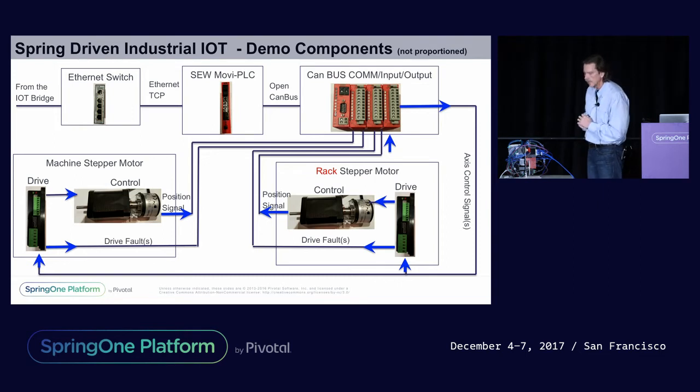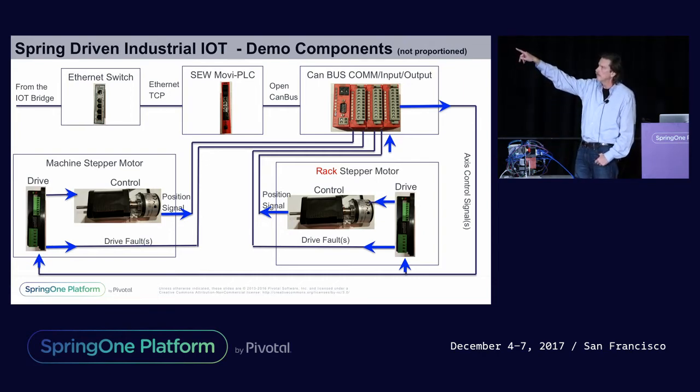Now, we are using two stepper motors to control the position of two disks, and we have closed the position loop with an encoder. Each stepper motor has a quadrature encoder, and that's being fed back to our input devices shown here in the CAN bus I/O and input and output.